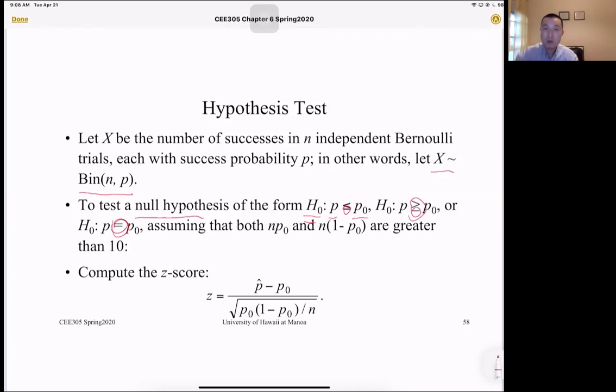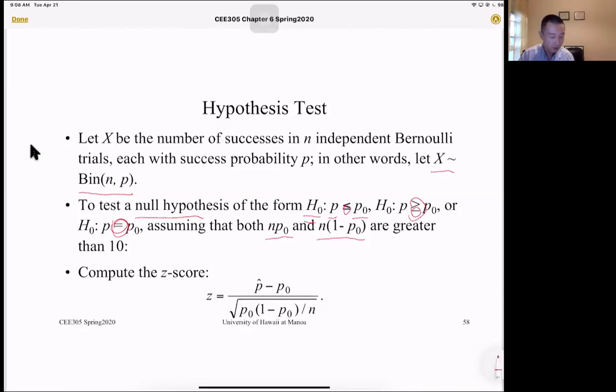And we also have one more condition: both n times P0 and n times (1 minus P0) should be greater than 10. This is based on the condition for the central limit theorem, but it doesn't really matter here. This is the condition that should be met.